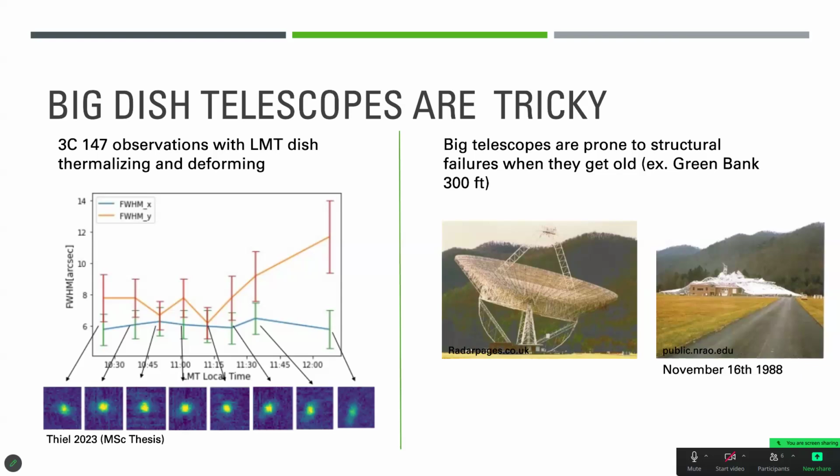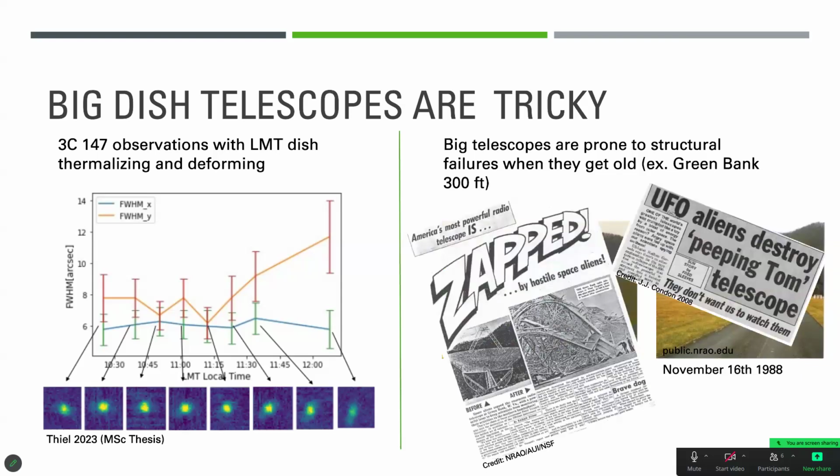Conspiracy theorists went into a feeding frenzy over this, but the reality is not that the telescope was zapped by hostile space aliens, even though that would have been funny. What happened was a gusset plate on the structure, the plate that holds two beams together, failed, and the whole telescope just came crashing down.